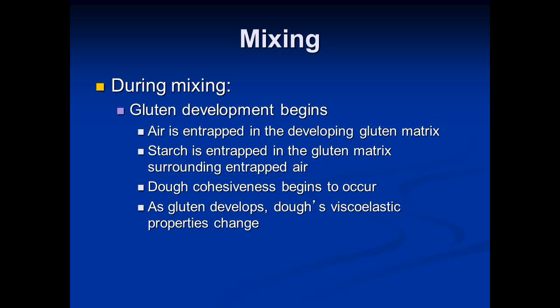By cohesion, I mean the integral properties of the dough, which cause it to be a single mass, versus adhesion, which is what causes the dough to stick to the mixing bowl or the baker's bench. So cohesion continues to increase as the gluten development progresses.